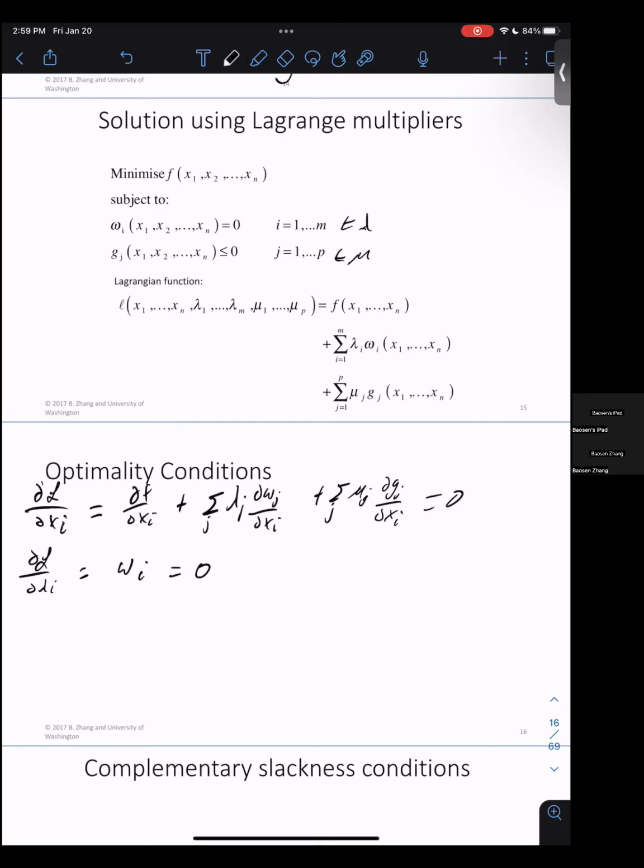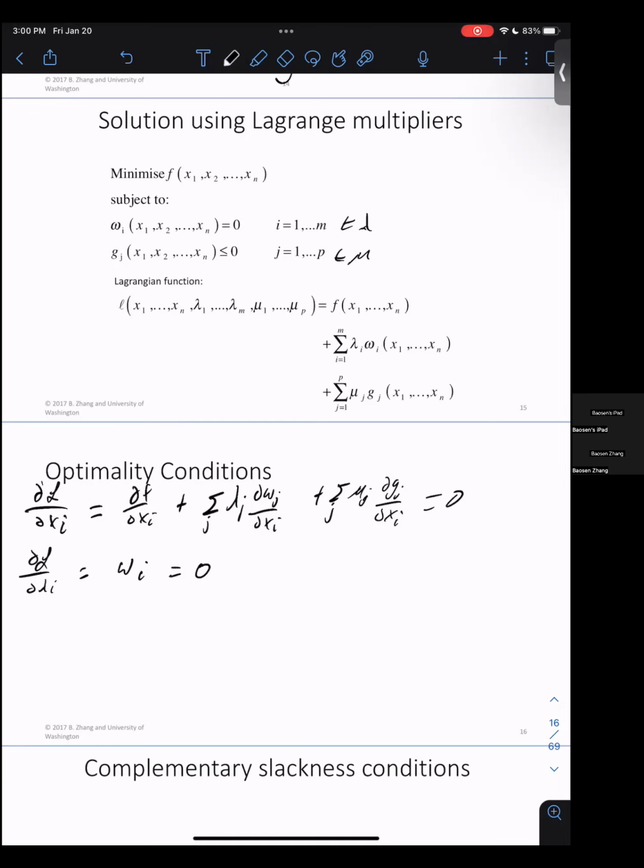This is tricky because you don't know whether this constraint is tight or not. There are two things that can happen here, and the optimality condition with respect to this term will look a little bit weird.